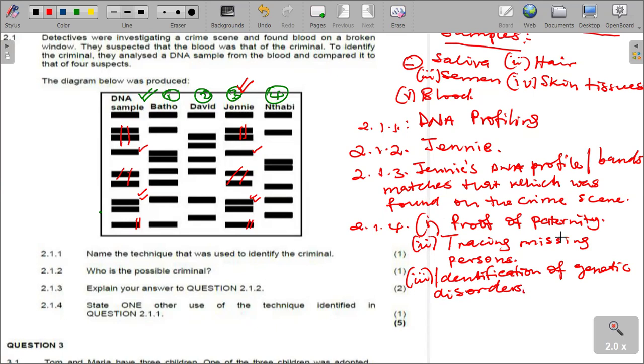We can also identify dead bodies or dead persons and animals.